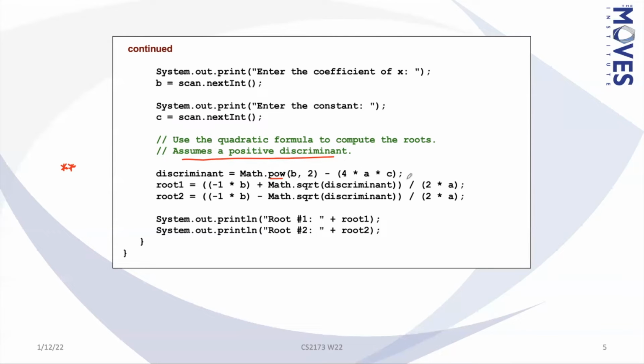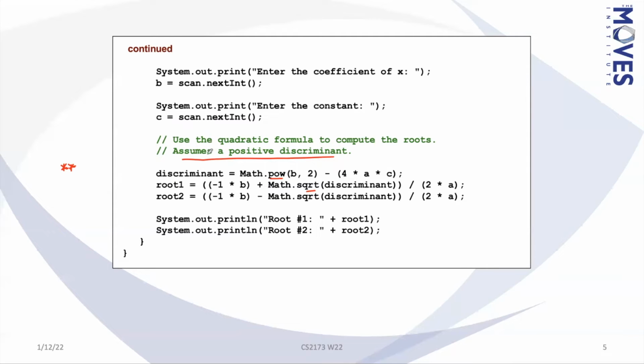We have the discriminant here. That's the b squared minus 4ac, and then the roots are based upon the square root of that discriminant, minus b over, or b plus the whole thing over 2a, and then you print the root.